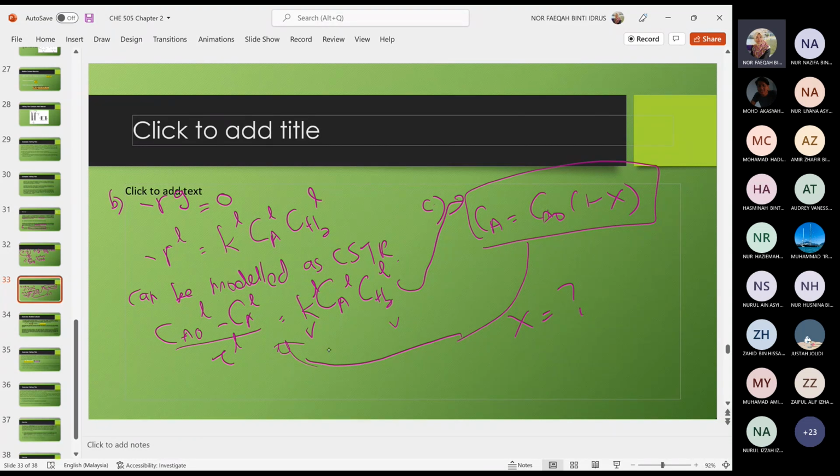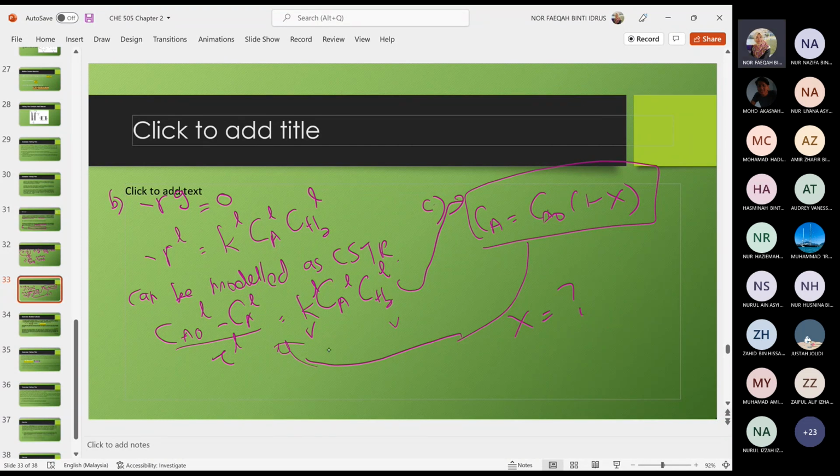Similar to this one. Rearrange the equation first, then substitute CA as CA0 times (1 minus X), and then rearrange for X. This is what you have learned in reaction engineering 1, so you apply it again. That's why I said the other day that for the chemical reaction part, we need to relate it to what you have learned in reaction engineering 1, the fundamentals of reaction engineering 1.